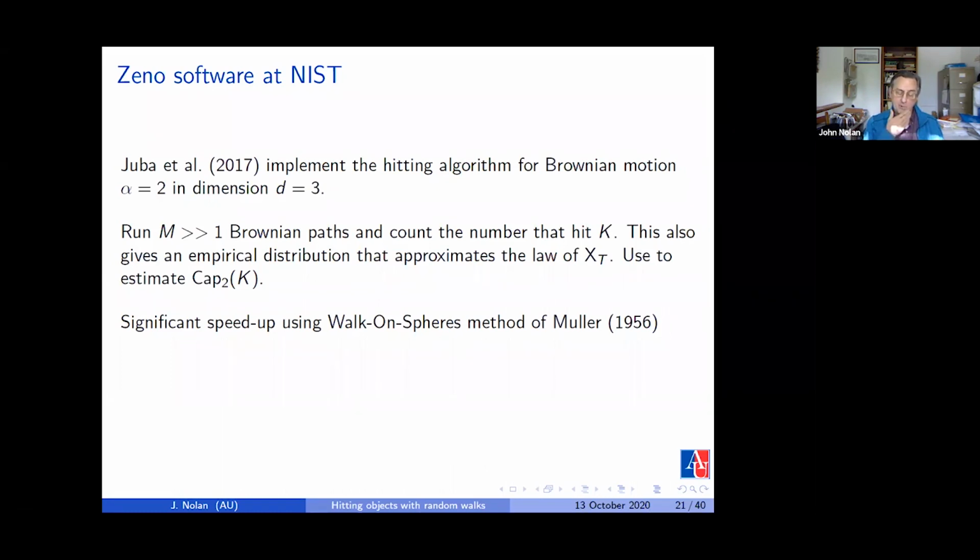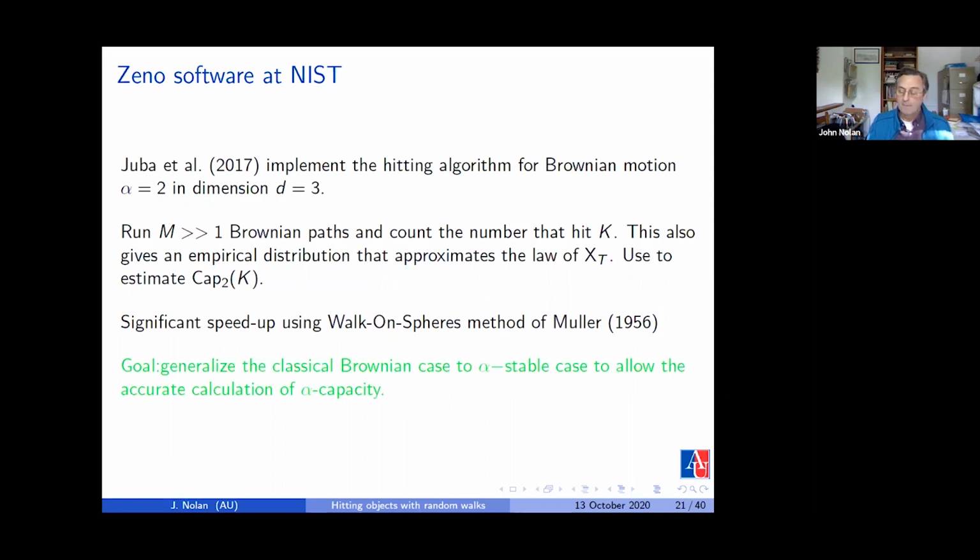There's actually a simpler way of doing it in the case alpha equals 2. And then a few years later, they came up with a significant speedup using this idea of walking on spheres. It goes back to Muller in 1956. I don't want to get too distracted by that.